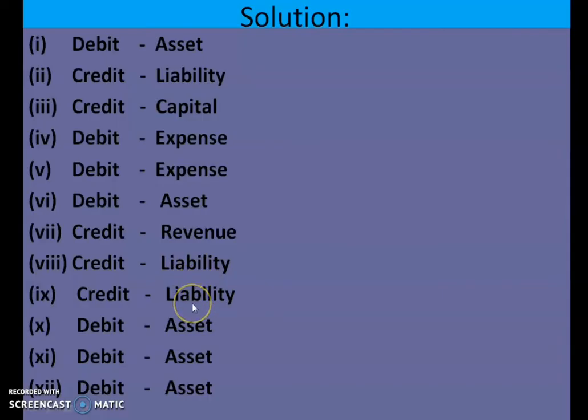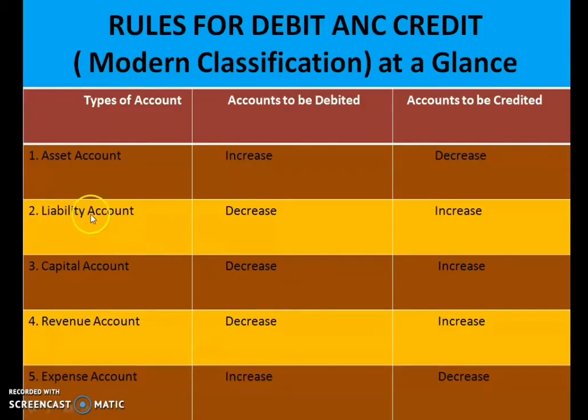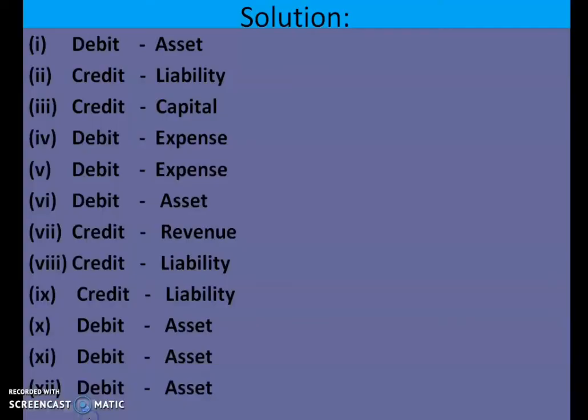And if it is increasing, what are you supposed to do? As per the rule, it should be credited. If liability is increasing, you have to credit it. So same we have done here. Bills payable and interest payable are your liability that have increased and you have credited it.